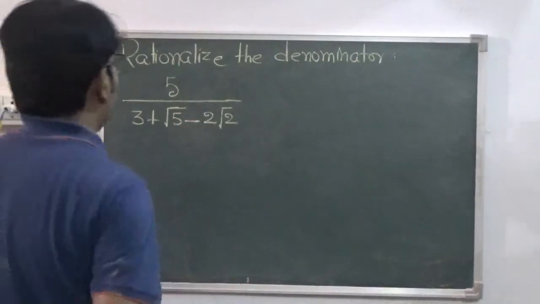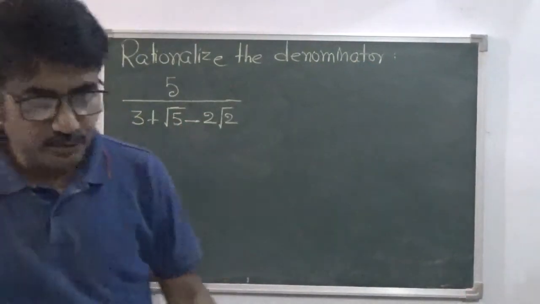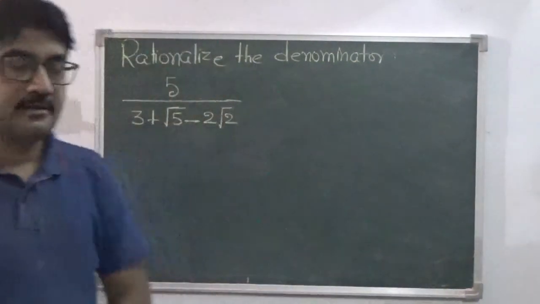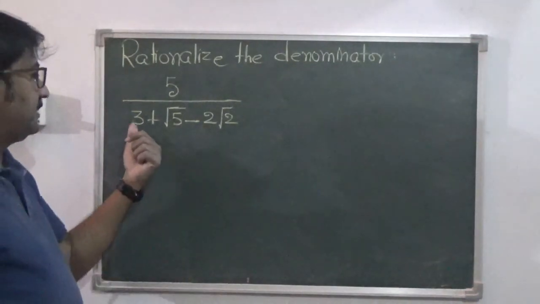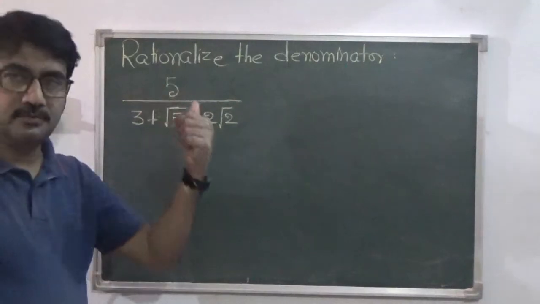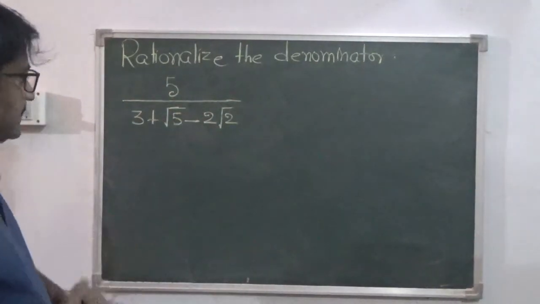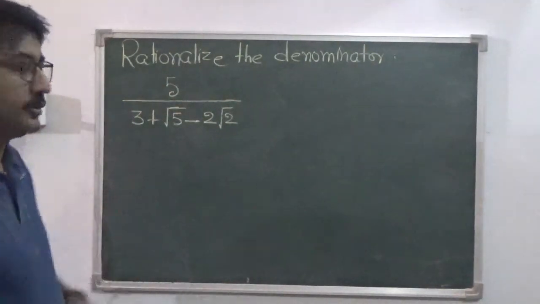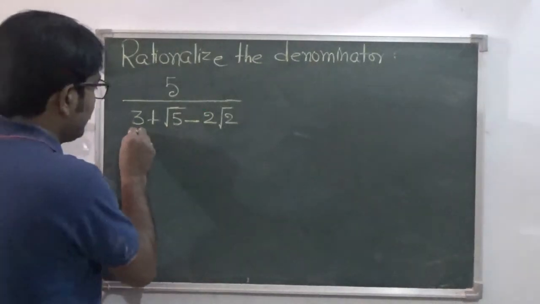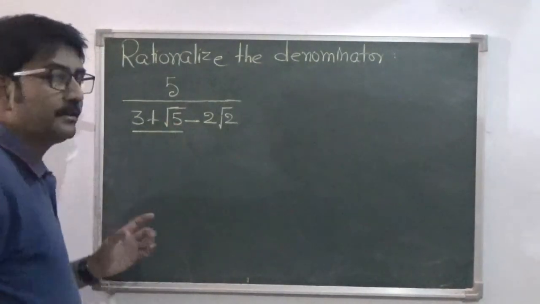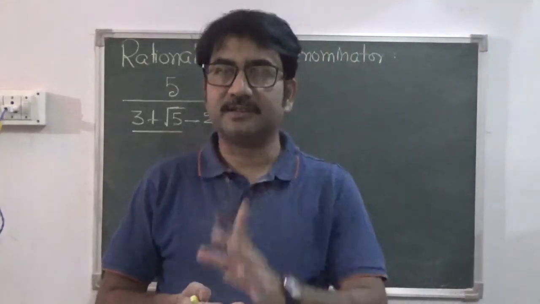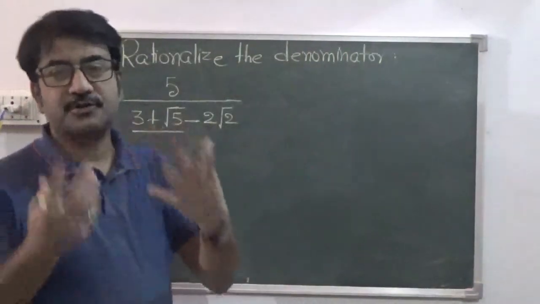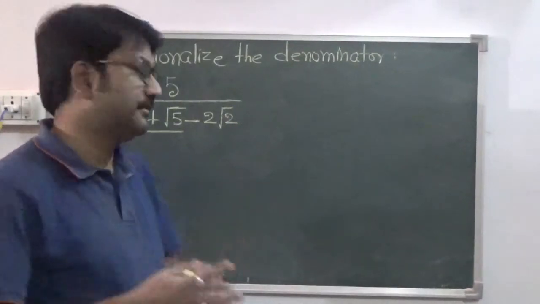So what you see here is that the denominator consists of 3 terms: 3, root 5 and minus 2 root 2. So here we will always put the first 2 terms inside one bracket and treat them as a single term, and then proceed with the simplification.